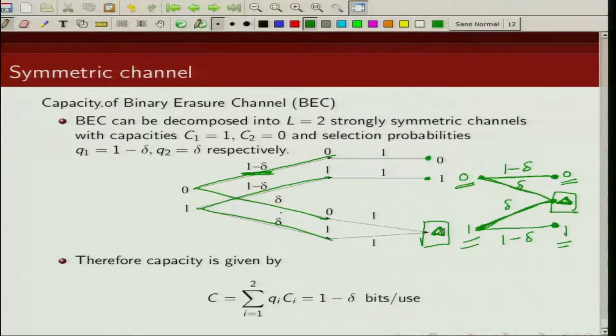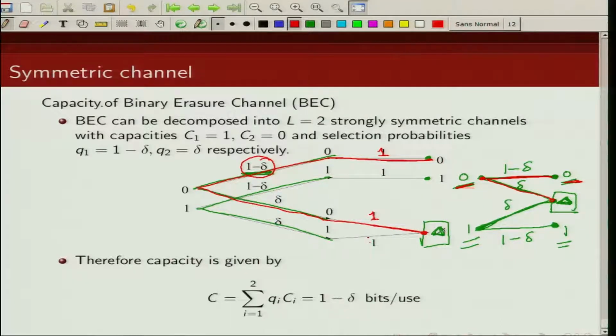Now, what I need to do is look at this probability from input to output. In this case, this is 1 minus delta. I already know my selection probability is 1 minus delta, so this probability should be 1. Similarly, from 0 to the erased state, this probability is delta, so this has to be 1 so that the overall probability is delta.